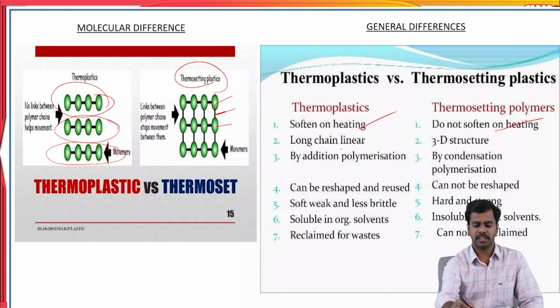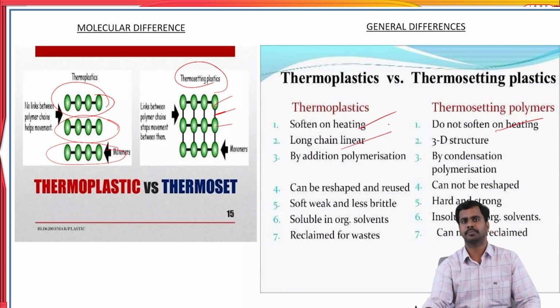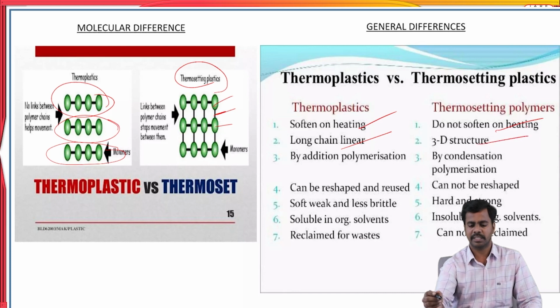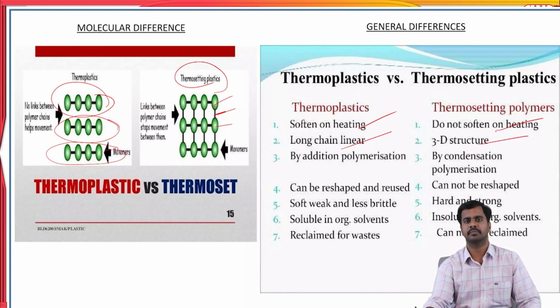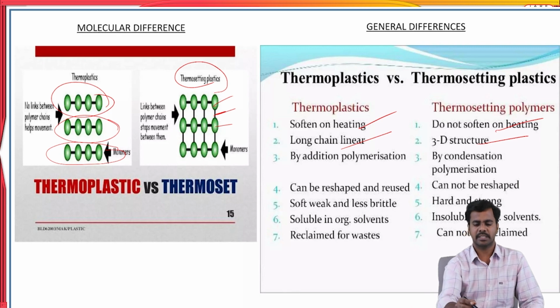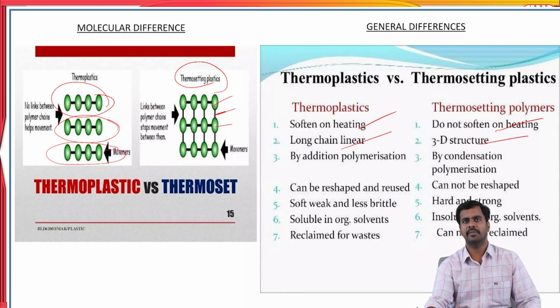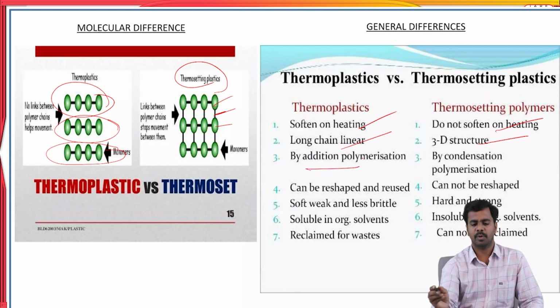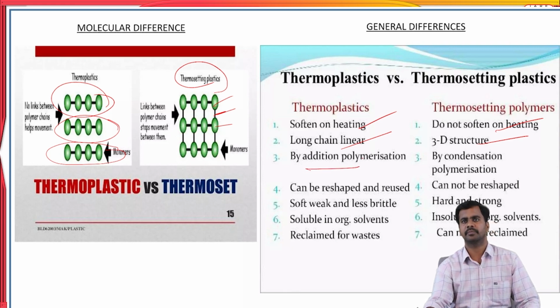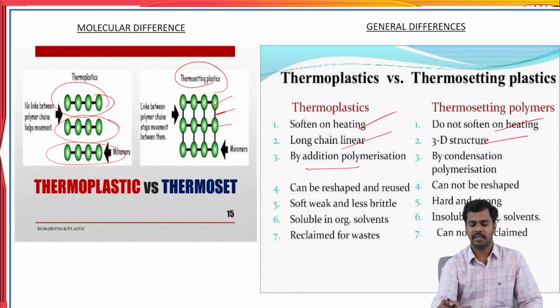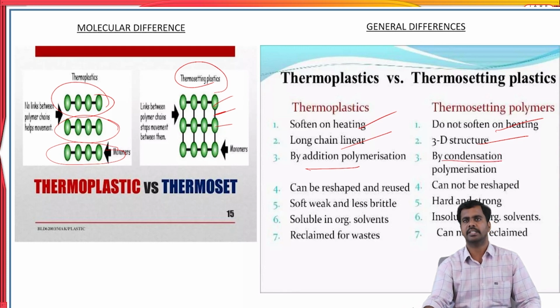Thermoplastics are long chain linear polymers, whereas thermosetting plastics are 3D structures. Thermoplastics are formed by addition type of polymerization reaction. Thermosetting polymers are formed by the condensation type of polymerization reaction.